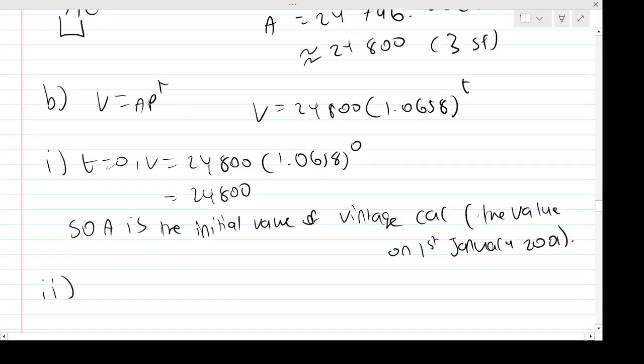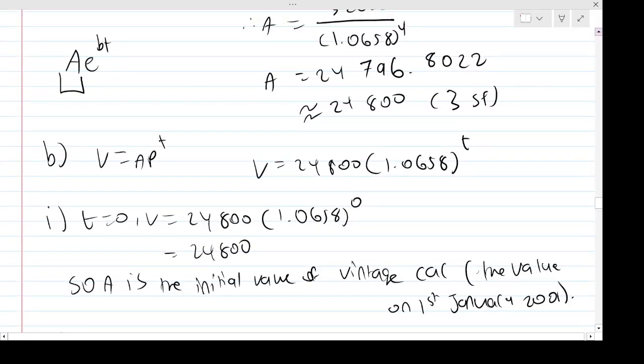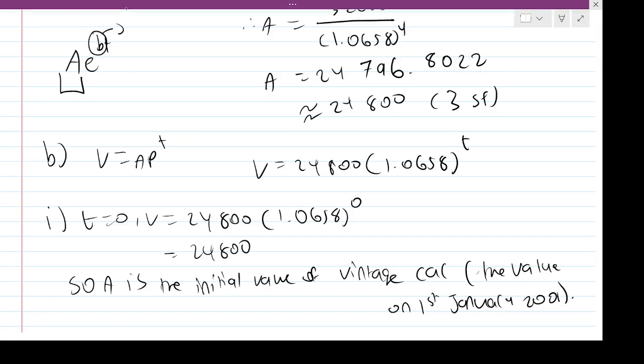Then it says to interpret the value of P. Now remember with exponential modelling, if we go back up here, we said an exponential model is A e to the bt. The B was to deal with the rate, the factor of the rate of increase.